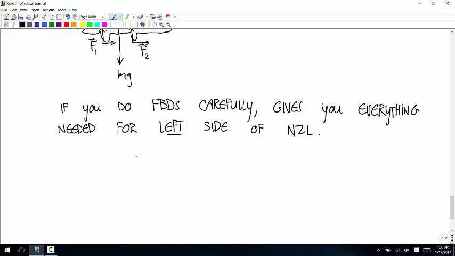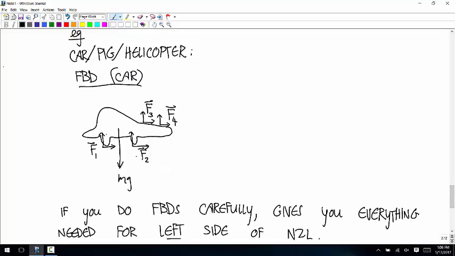So remember, Newton's second law says add up all the forces, that's equal to the mass times the acceleration of the center of mass. Or for us in statics, add up all the forces, that's the left side, and it's equal to 0. Straight from the free body diagram, we're given all these forces. So when you go to Newton's second law, you just have F1 plus F2 plus F3 plus F4 plus the vector representing this is equal to 0. In statics, all there is is a left side of Newton's second law. You just set it equal to 0.